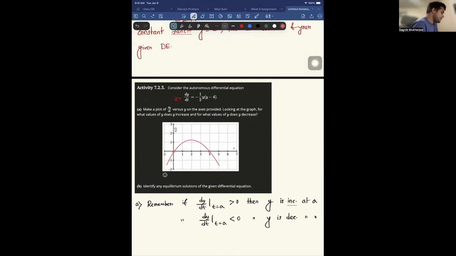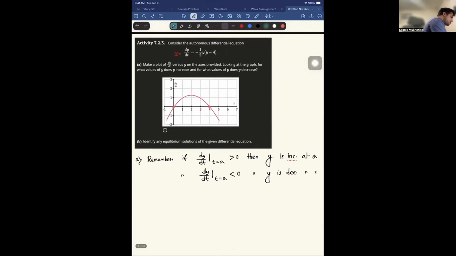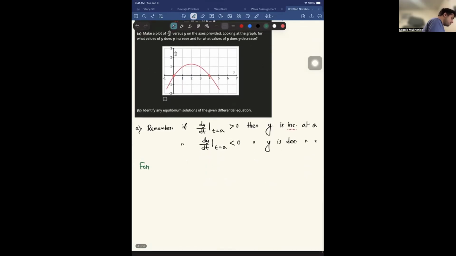So see from the graph, notice that for y less than 0, meaning on this side, right?